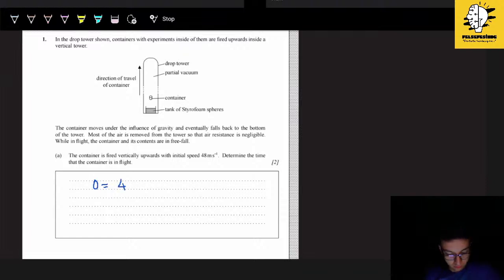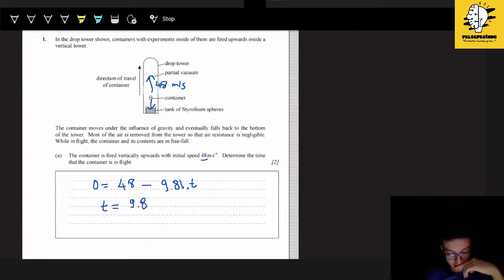So we know that our initial speed is 48, and let's write minus, because it is being thrown with 48 meters per second, and our acceleration will be downwards. So it is 4.9 times t.